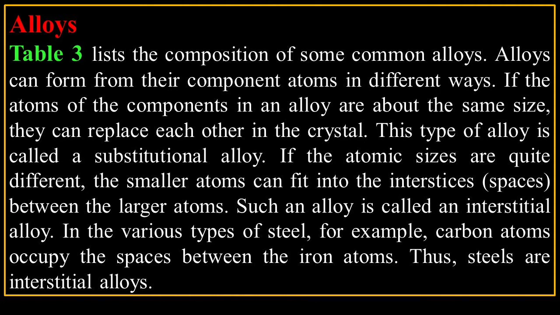If the atomic sizes are quite different, the smaller atoms can fit into the interstices, the interstitial spaces between the larger atoms. Such an alloy is called an interstitial alloy. In the various types of steel, for example, carbon atoms occupy the spaces between the iron atoms. Thus, steels are interstitial alloys.